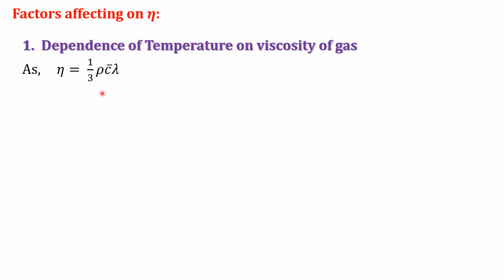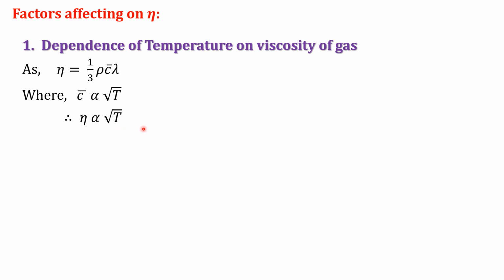Hence, the coefficient of viscosity depends on the average velocity of the gas molecule. But according to the kinetic theory, the average velocity of gas molecules is directly proportional to the square root of absolute temperature. As c bar is directly proportional to root T, eta is also directly proportional to the square root of absolute temperature.